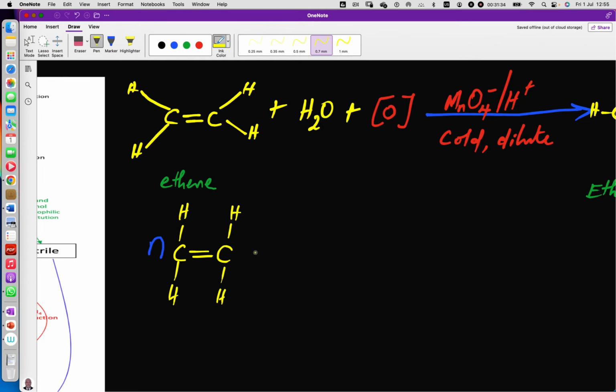Under the condition of high temperature with a catalyst, they can polymerize by adding each monomer onto the other. It's a repeated addition of many monomers to form what we call the polymer. And so this can result in a polymer like this one.